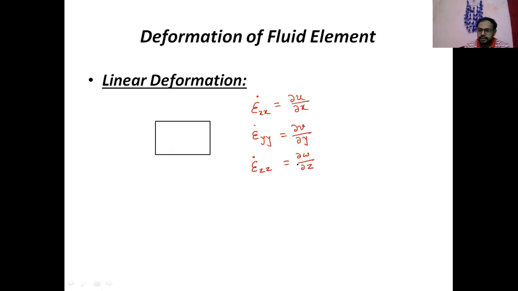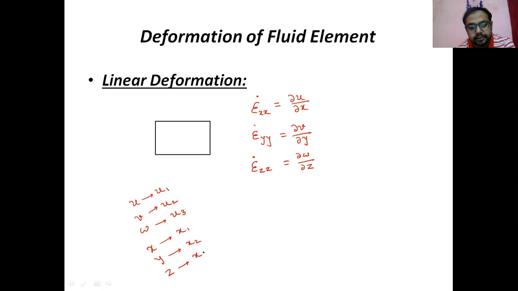In this way we can write it with u as u1, v as u2, and w as u3. Similarly x, y, z can be written as x1, x2, x3.